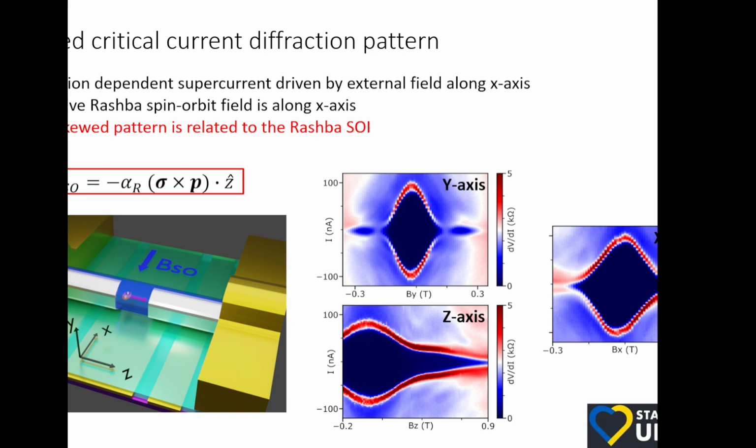And you can also see that the z-axis is this one along the wire, and this is the supercurrent region. It survives to much larger fields, right? To 1 Tesla, it survives. And that's because the cross-section of the wire is pretty small, so you put field in this direction, and to accumulate orbital dephasing, to put a flux quantum in the cross-section of the wire, takes much more field.